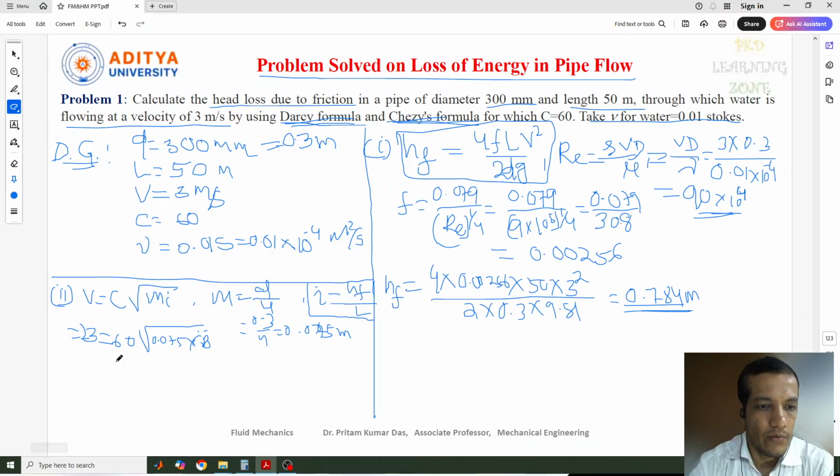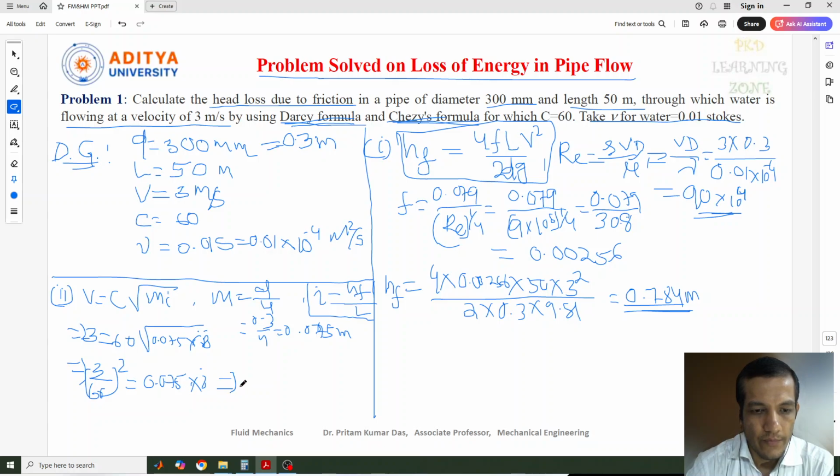Now what I'll do here, I can write this as 3 by 60, the whole square, equal to 0.075 into I. Because I have taken the 60 to the left hand side, removed the square root, and taken the square of the left hand side.